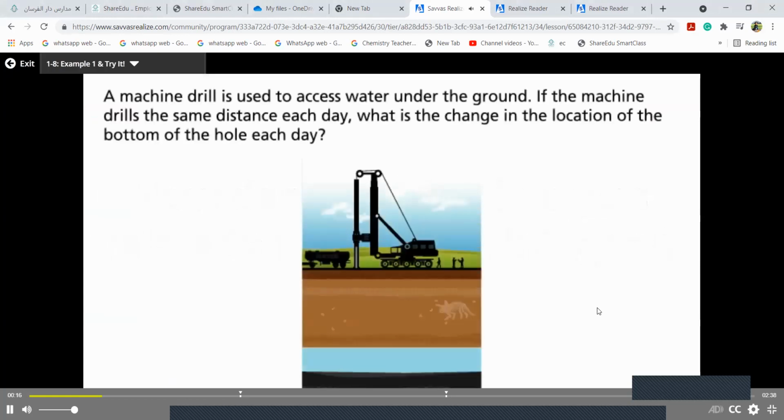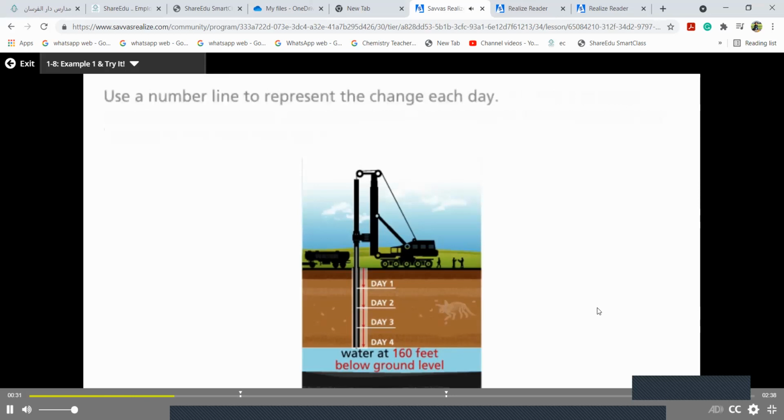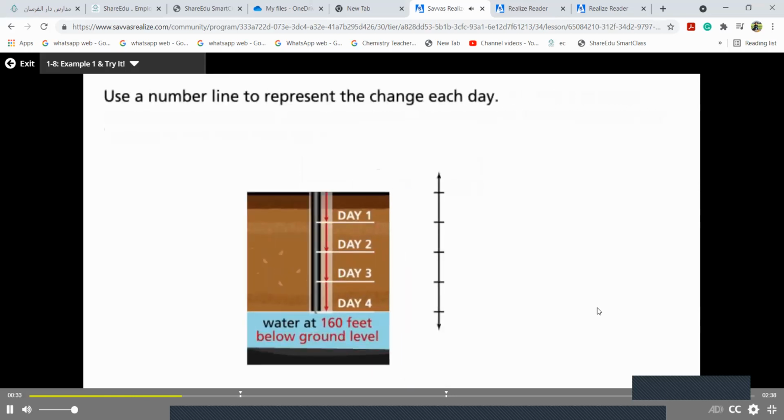These people are using a machine drill to access water under the ground. If they drill the same distance each day for 4 days, what is the change in the location of the bottom of the hole each day? You can use a number line to represent the progress made each day. The water is 160 feet below ground level.